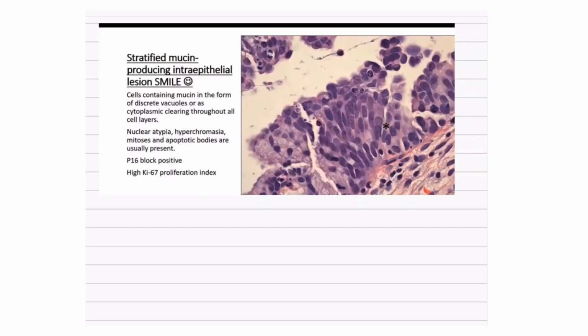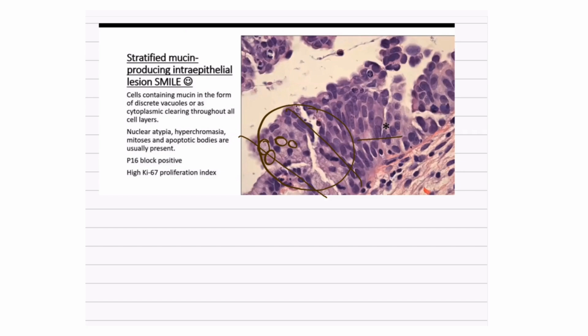In this you will see that few cells are containing mucin. They are discrete vacuoles. You can see here these vacuoles of mucin are there throughout the layers of the epithelium, throughout all the cell layers of the epithelium.